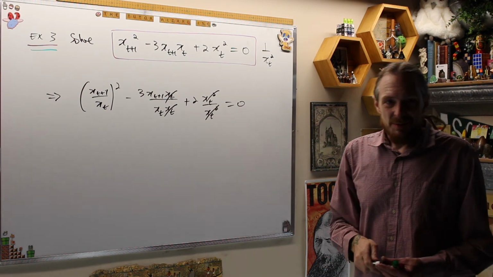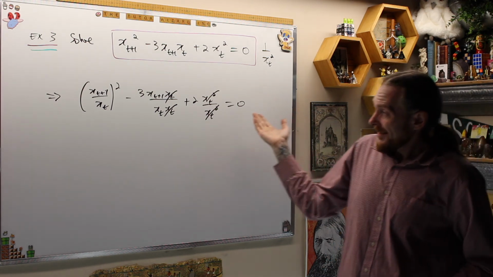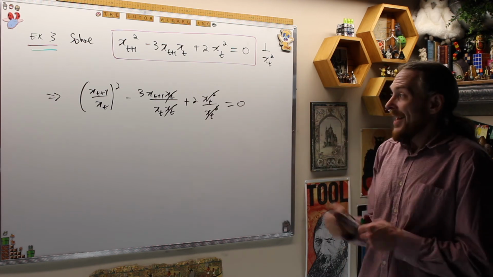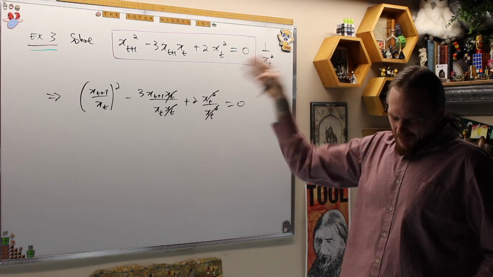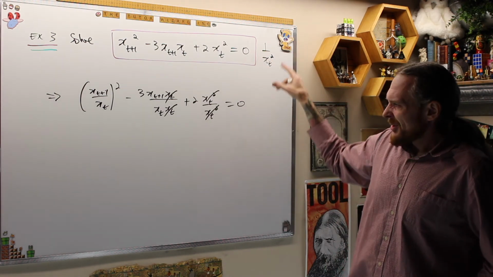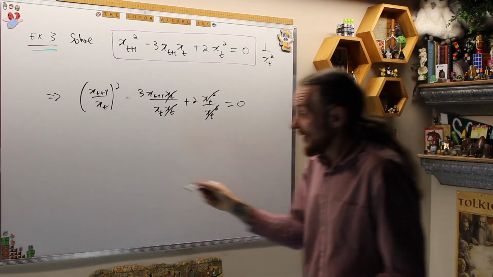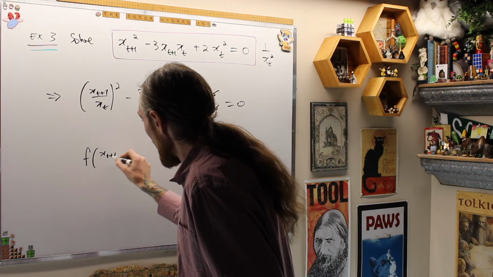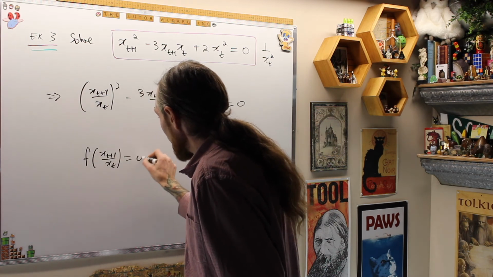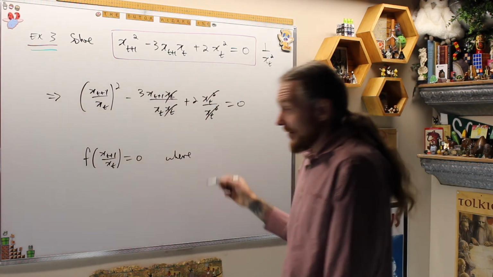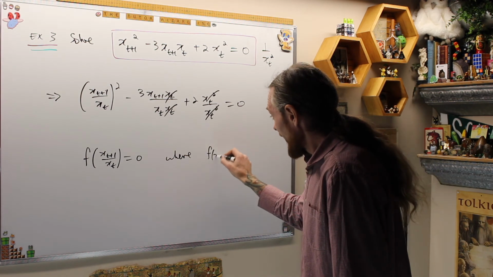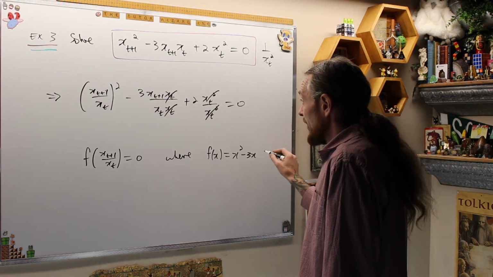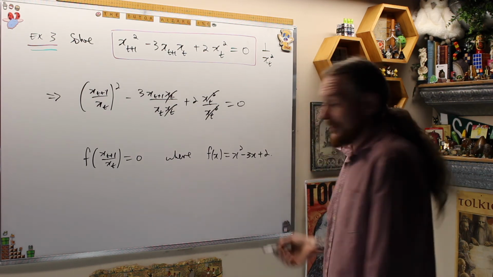The clever trick is usually I'm dividing out so that I can get this more linear looking form, or this homogeneous expression. Now I move everything to one side, make a clever substitution, and I can write it as f of x_{t+1} over x_t equals 0, where f of x is x squared minus 3x plus 2.